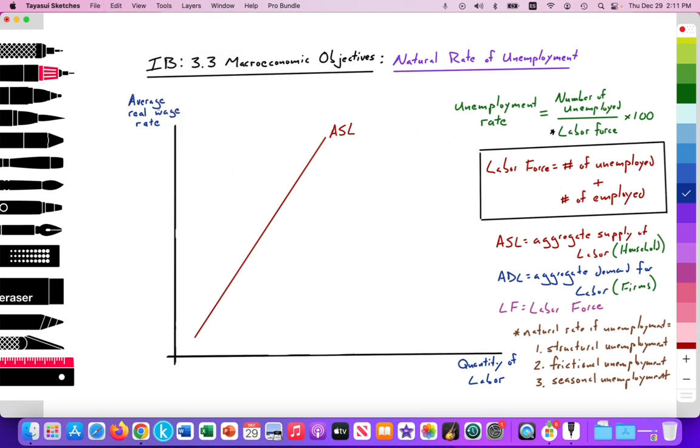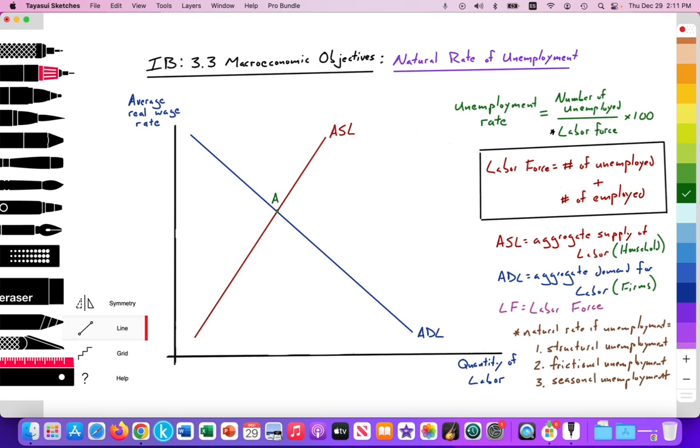Actually, I'll make that a little bit more horizontal. You'll see why. Okay. So here we have ADL, aggregate demand for labor. Then it establishes an equilibrium here, point A. An equilibrium real wage, I'll just label that wage at the equilibrium level.